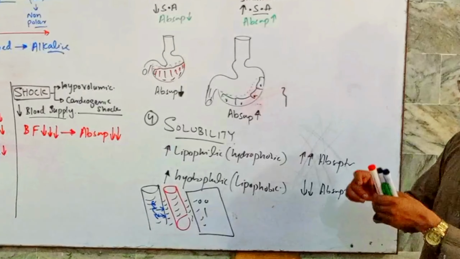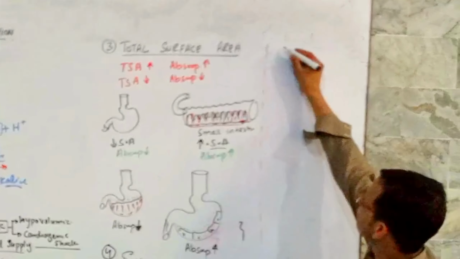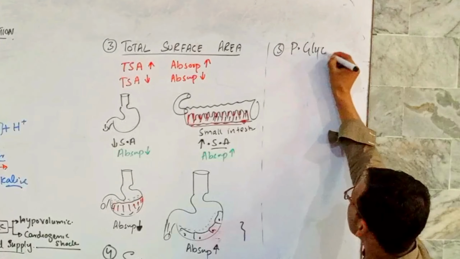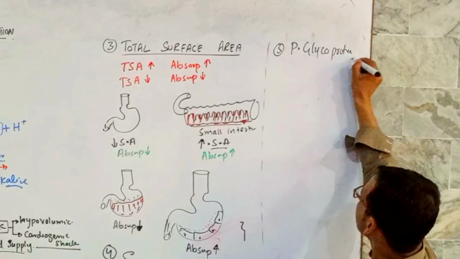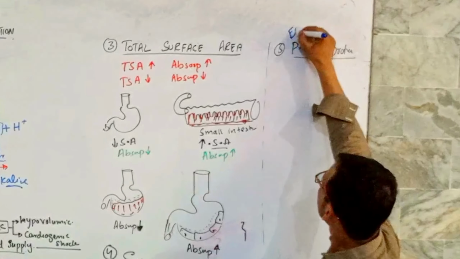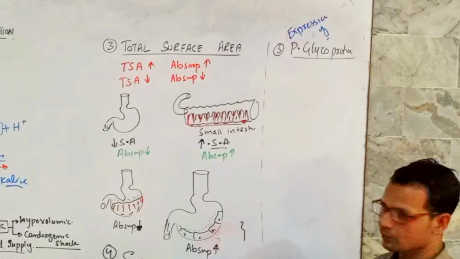The next is P glycoproteins, or we can simply say expression of P glycoproteins.